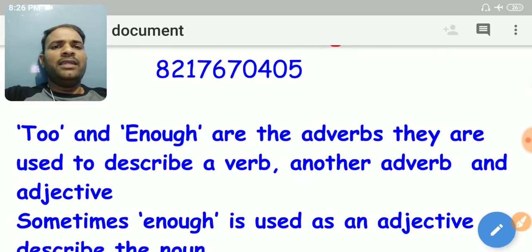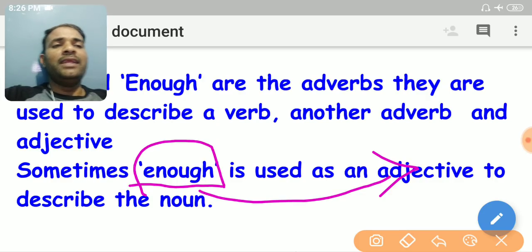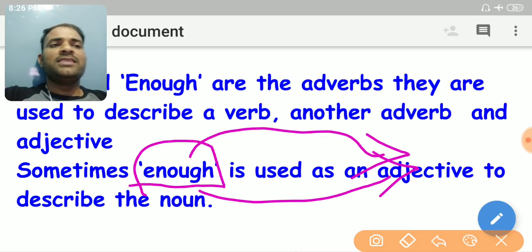So, at the same time, see my dear friends, enough is used as an adjective. So, what is the function of an adjective, my dear friends? The function of an adjective is to describe the noun. So, enough sometimes is used as an adjective.